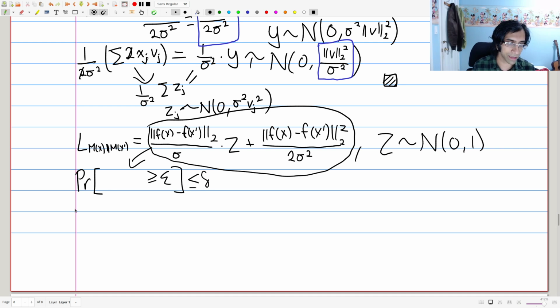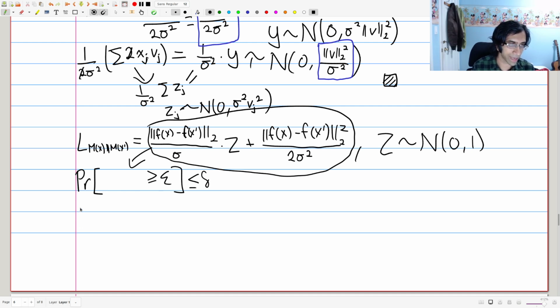Let's rewrite this a bit, because this is a kind of crazy random variable, but let's write it in terms of just z, because z is a nice random variable. It's very easy to understand. It's just a rescaling argument.